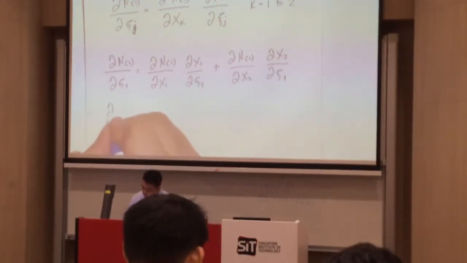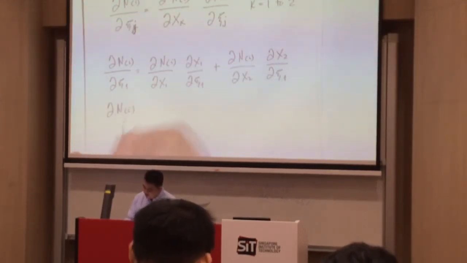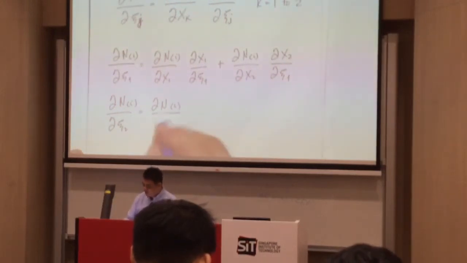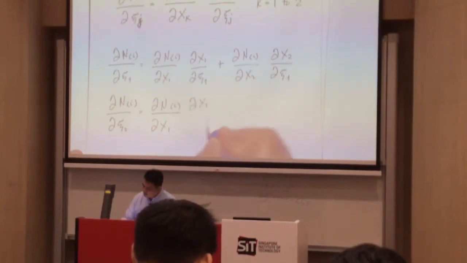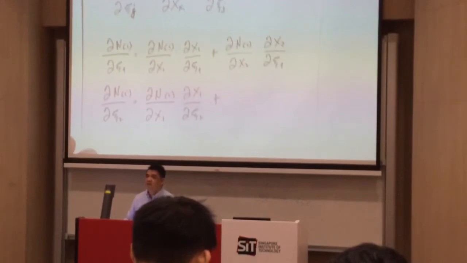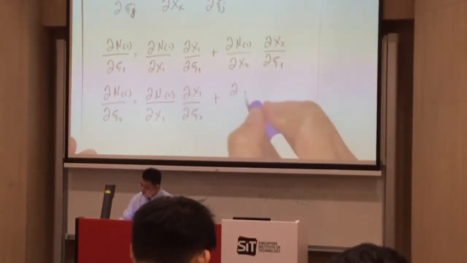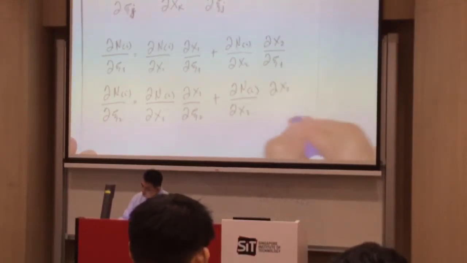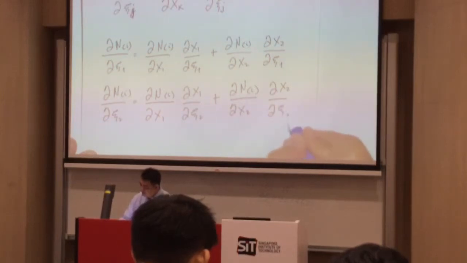Second, the partial of Ni with respect to c2. This one will be the partial of Ni with respect to x1, partial x1 with respect to c2, plus the partial of Ni with respect to x2, partial x2 with respect to c2.